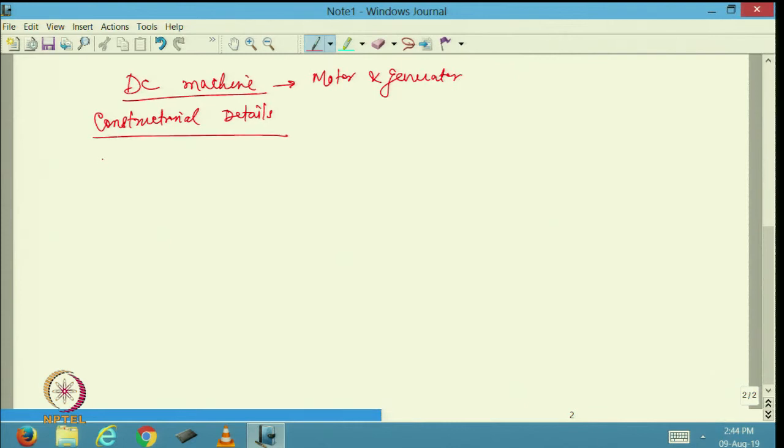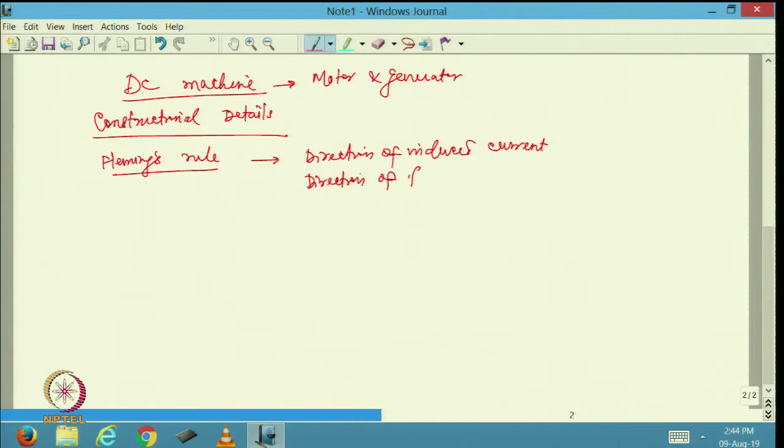We will also look at Fleming's rule, which is left hand and right hand rule, which will give us exactly the direction of induced EMF or induced current, and it will also give us the direction of force or torque if we are talking about motor.